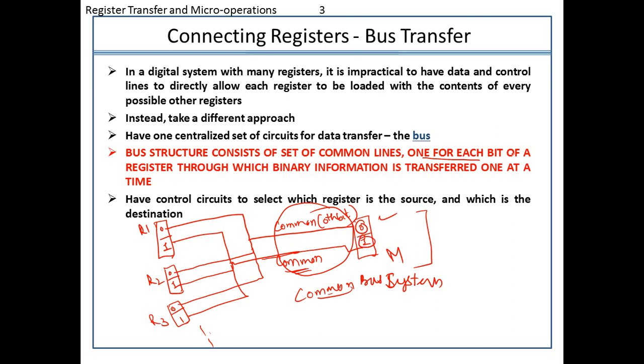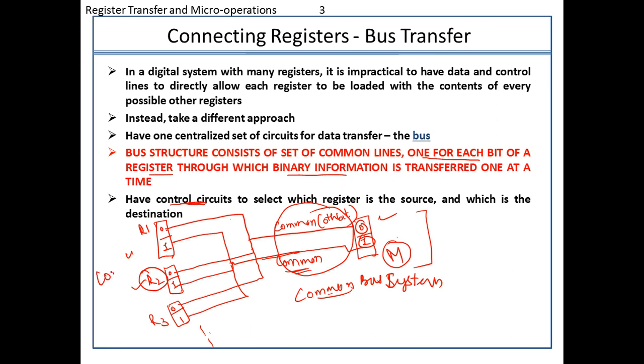It is common for each bit position of the register through which we are transferring the binary information to another register. So how are we able to do this? We will be using some sort of control circuits to select which particular register has to transfer the data. Let's suppose now R2 has to transfer the data here to this M register.